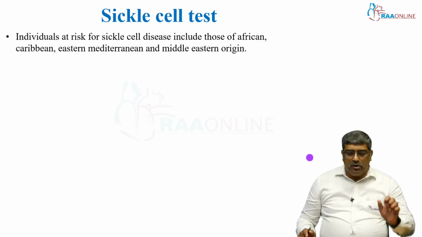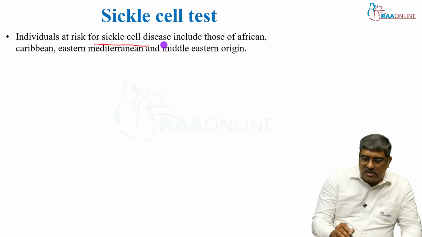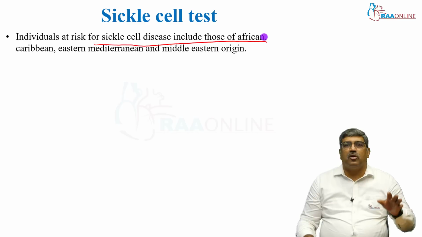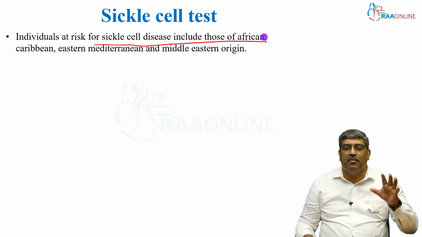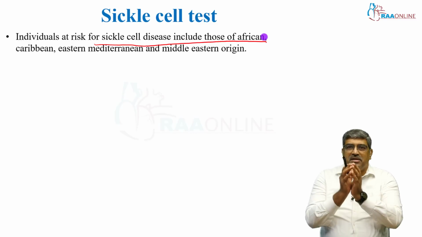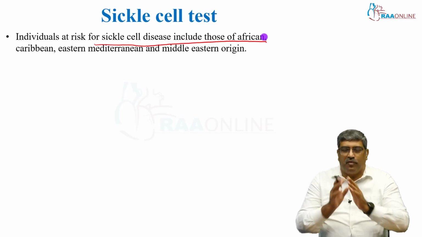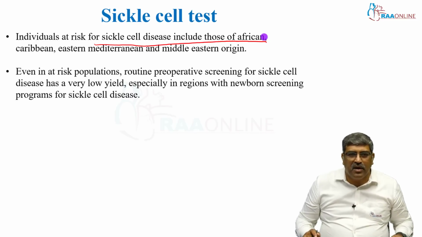Individuals at risk for sickle cell disease include those of African, Caribbean, Eastern Mediterranean and Middle Eastern region. These ethnic groups are more prone to sickle cell anemia.